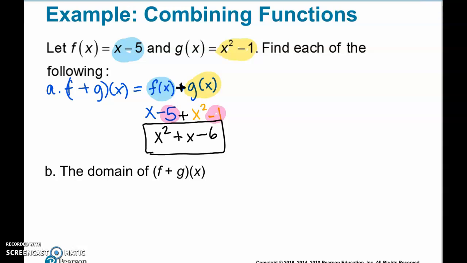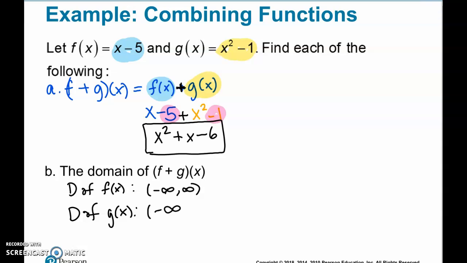And then it says the domain of the sum. So we have to look at the domain of each one. We have to look at the domain of f of x and the domain of g of x. And so the domain of f of x would be all real numbers, because remember, we learned that we assume all real numbers, except if x is in a denominator, which there's no x in a denominator, or if x is under a radical sign, and x is not under a radical sign.